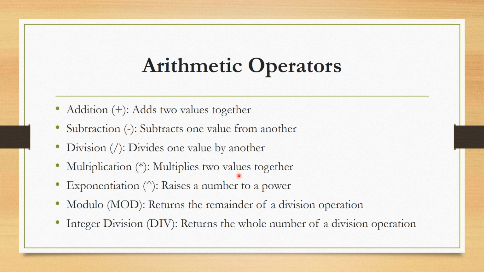Multiplication multiplies two values together. Exponentiation raises a number to a power. Modulo, sometimes called mod, will return the remainder of a division operation. Integer division, sometimes called div, will return the whole number of a division operation.